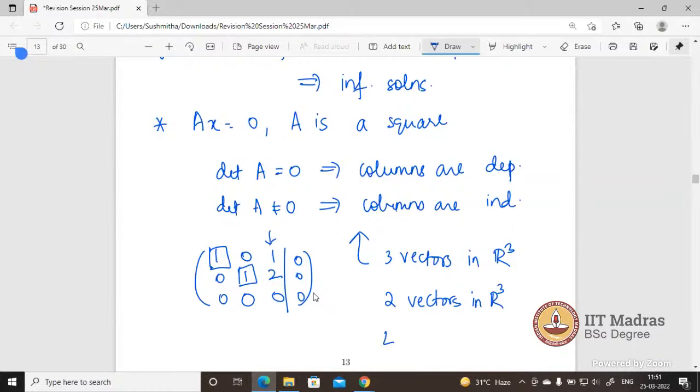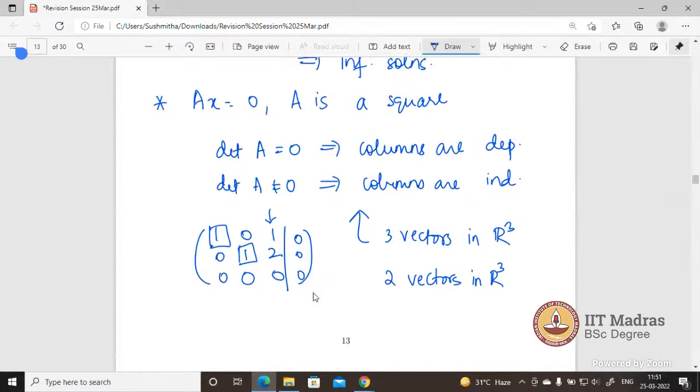Ma'am, for 3 by 3, when we are representing the columns, we have three vectors given. So we write them as columns, and then find the determinant. And if the determinant is 0, the columns are dependent, which means the vectors are dependent. In the other cases, the vectors will be independent.